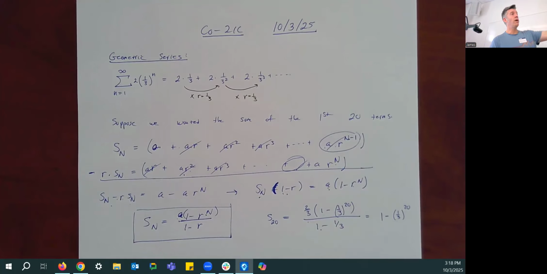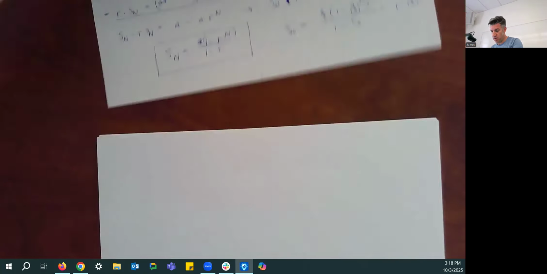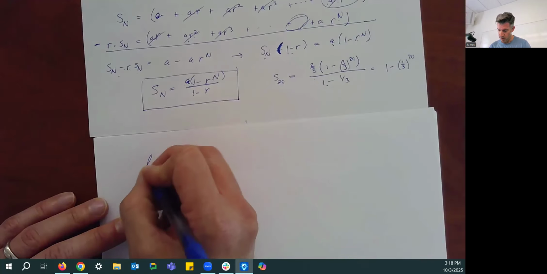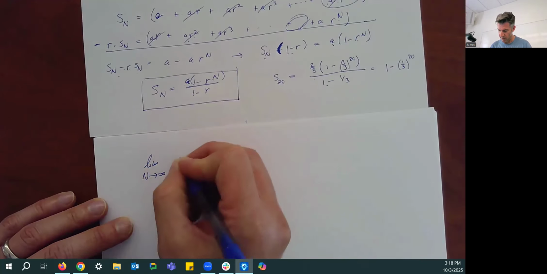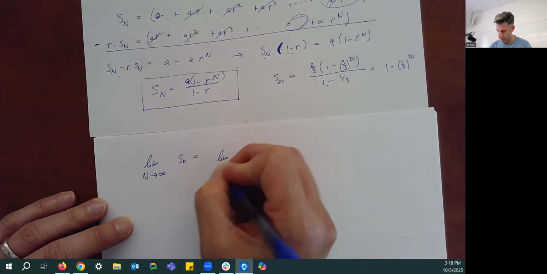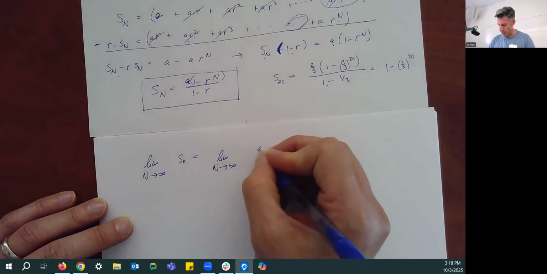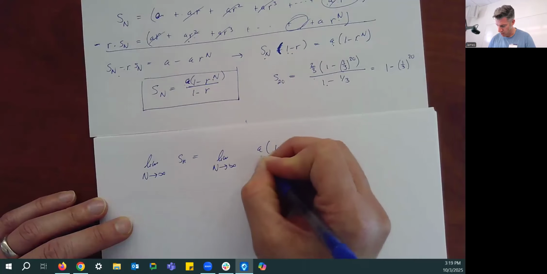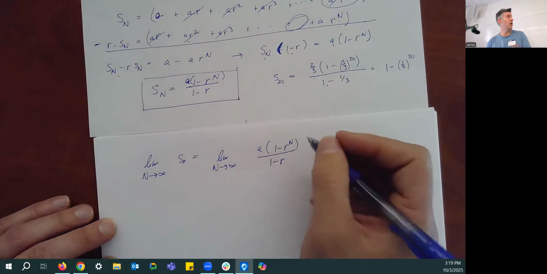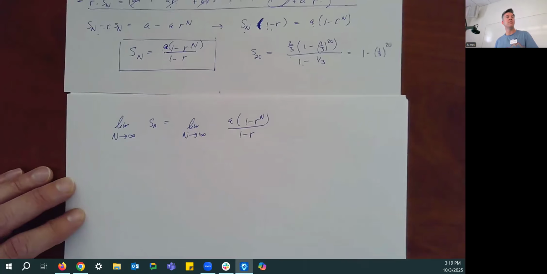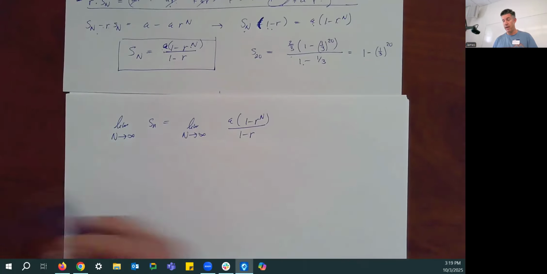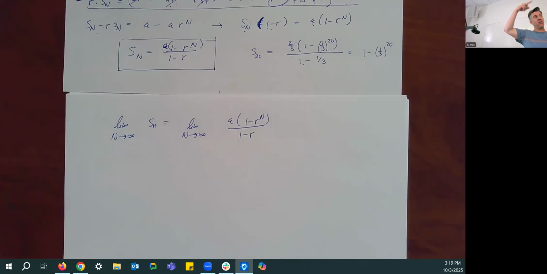So the point of this formula is that if R is in the right place, this nth partial sum will converge. Specifically, here's what we mean. The limit as n goes to infinity of S_n equals the limit as n goes to infinity of A times 1 minus R to the nth power over 1 minus R. As long as your ratio R is between -1 and 1, anything between -1 and 1 raised to an ever increasing power gets closer to 0.